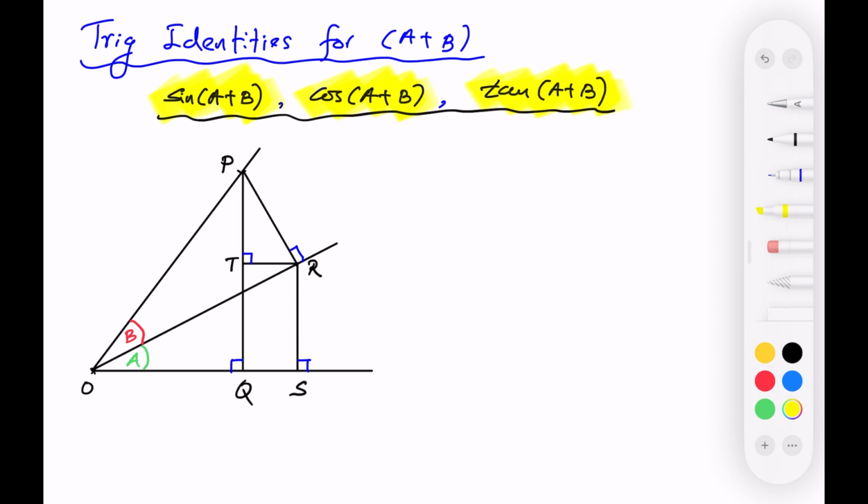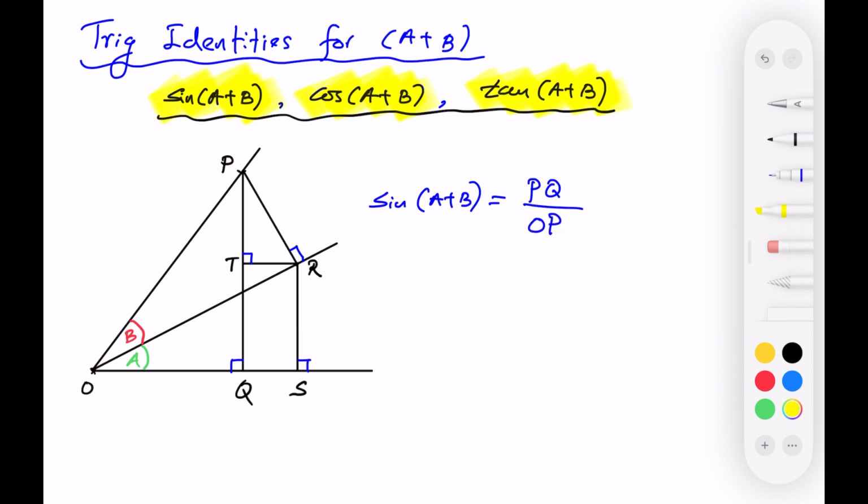I'm going to write down an equation for sine A plus B. You can see that A plus B is the complete shaded angle at O. And if I look at this large triangle, it's a right triangle, and by using the definition of sine theta as opposite over hypotenuse, I can write sine A plus B to be equal to, the opposite is PQ, divided by the hypotenuse, OP.